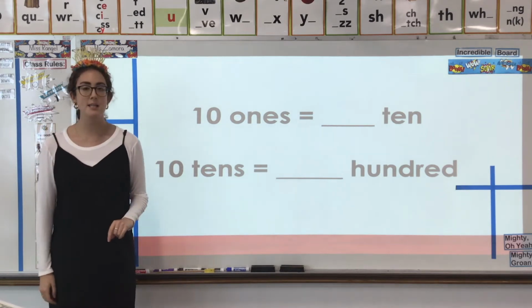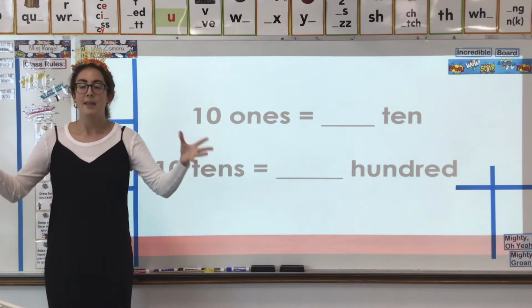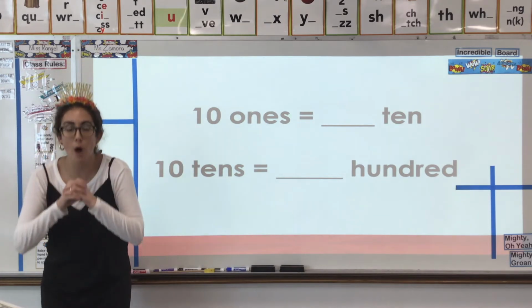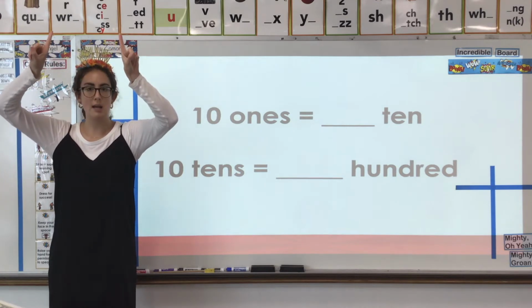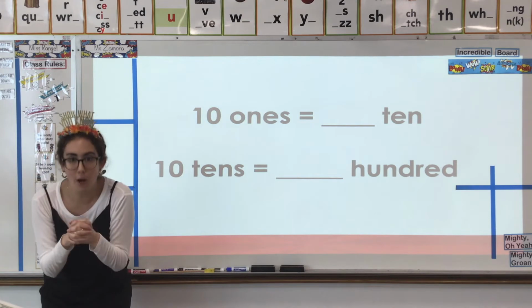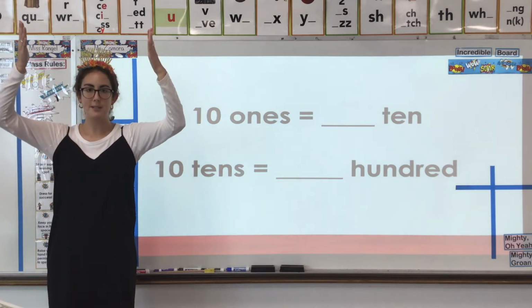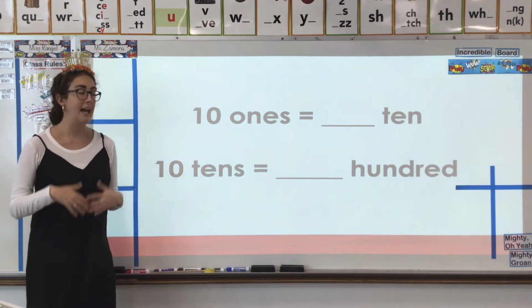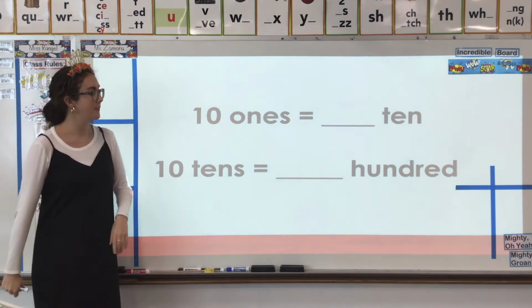Both of these rely on the same piece of information, that 10 of a smaller unit equals 1 of a bigger unit. Can you say that with me? 10 of a smaller unit equals 1 of a bigger unit. So, if we know that's true, can we complete these equations?